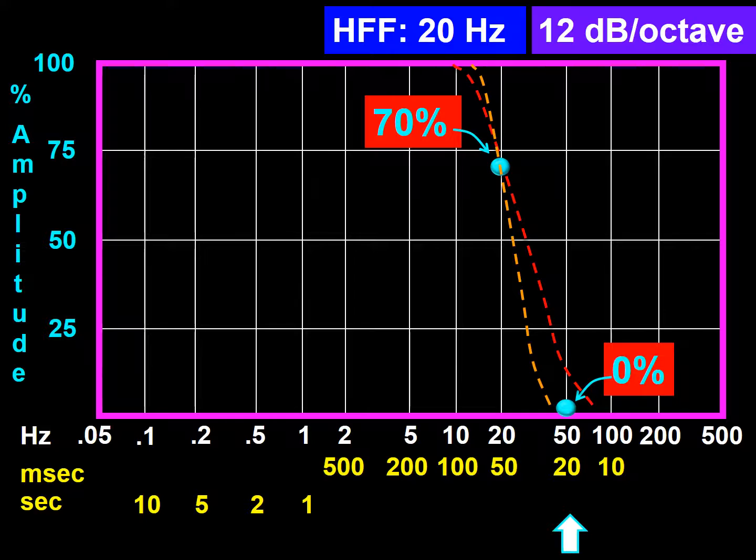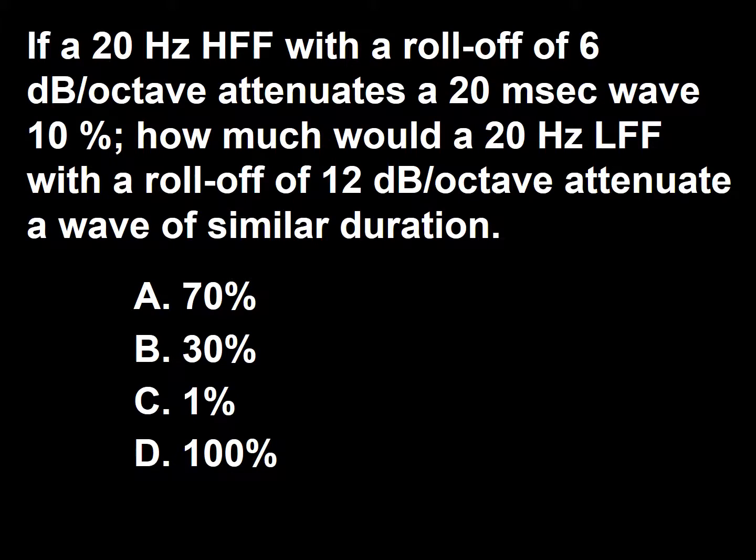And as we change the roll-off of the filter to 12 dB, what would the amplitude of a 20 millisecond wave be? The answer to this question is 1%. C.